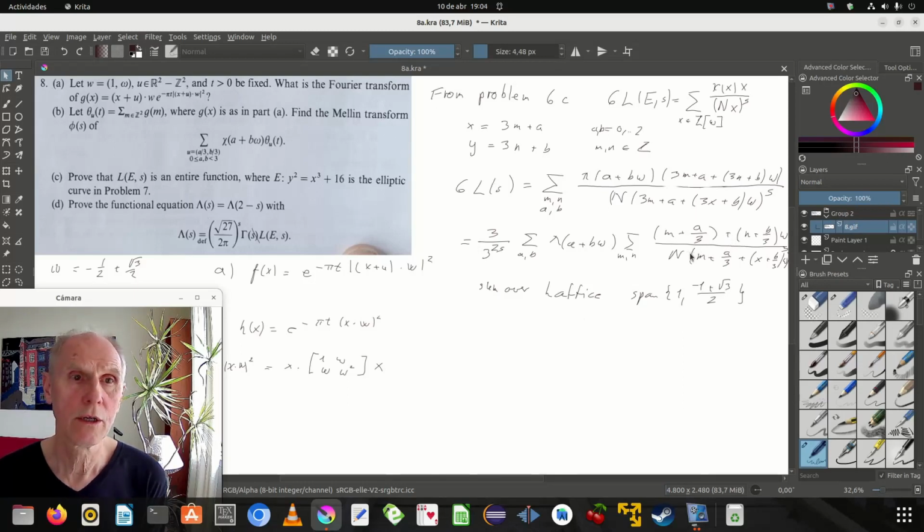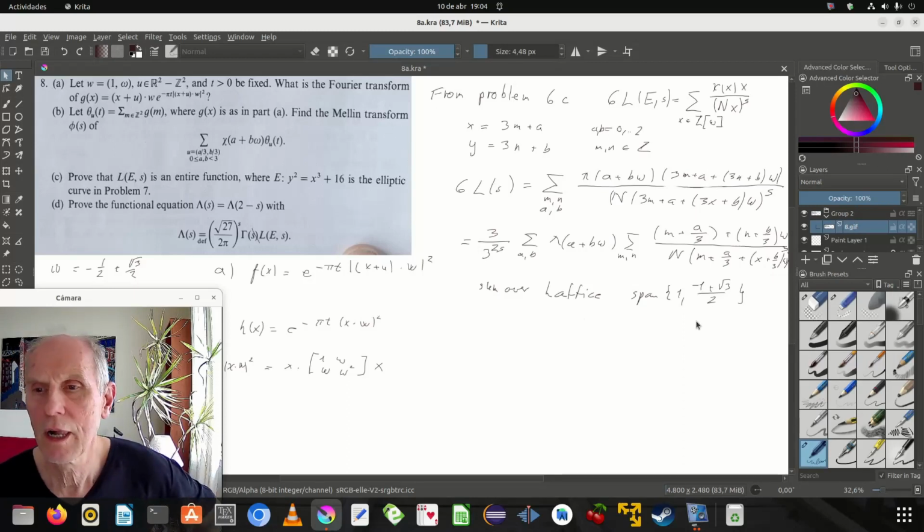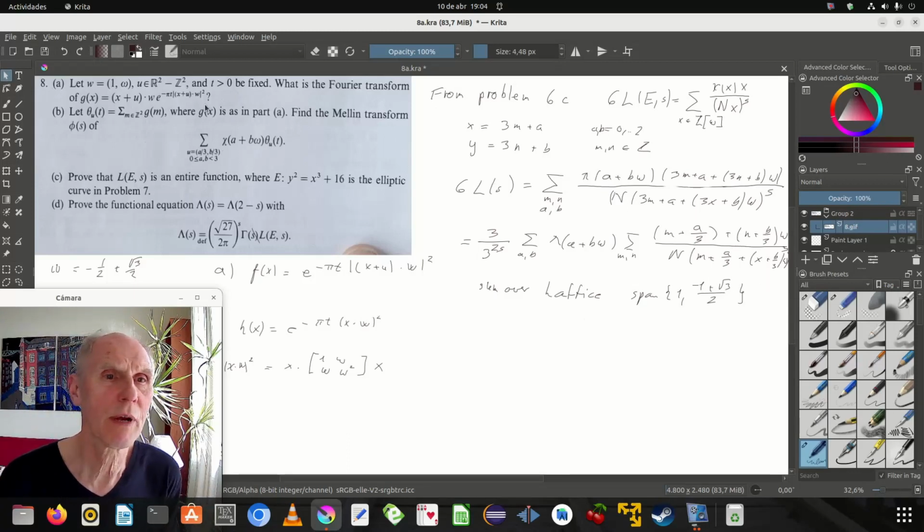All right. So w is 1 comma omega, where omega is the complex number, but this is the lattice we sum over. No, it can't be. But if we are using integers, then I can't get the right norm.